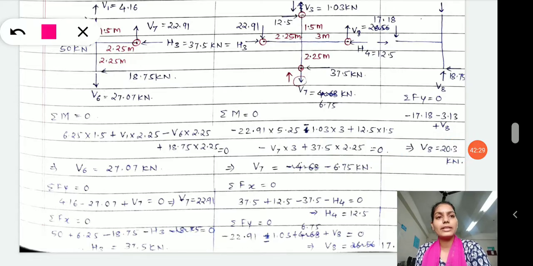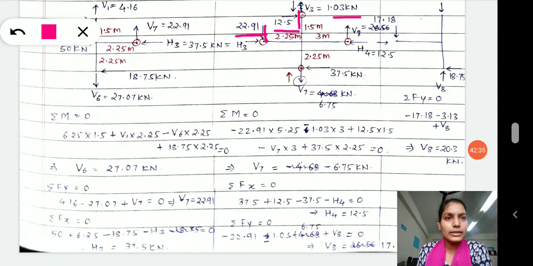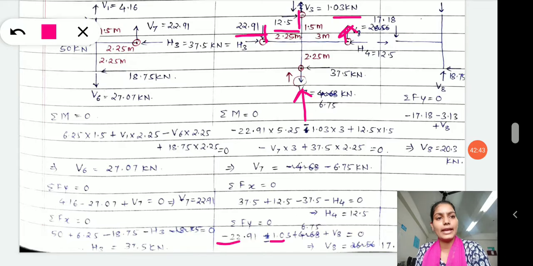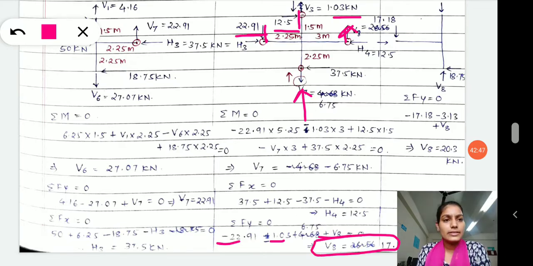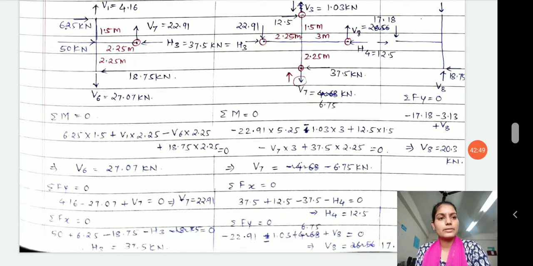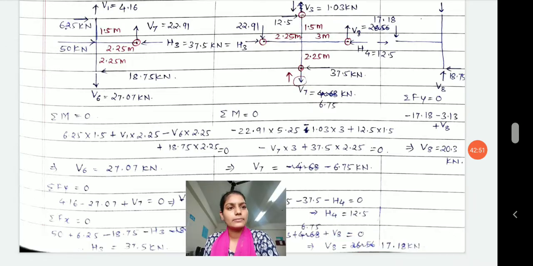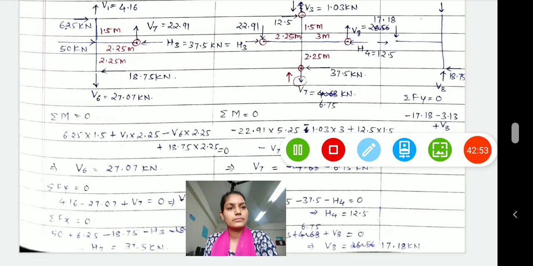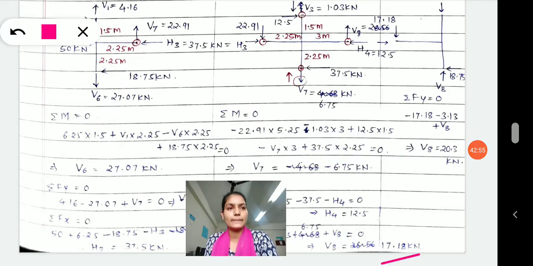Summation of vertical forces: 1.2 negative, 1.03 and 22.97 downward, therefore negative both are, and vertical will be V7 and V8, and that will give you V8 as 17. Okay, what is the value for it? Yes, 17.18.